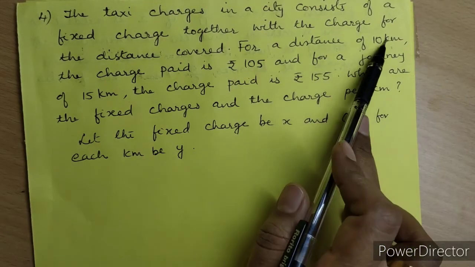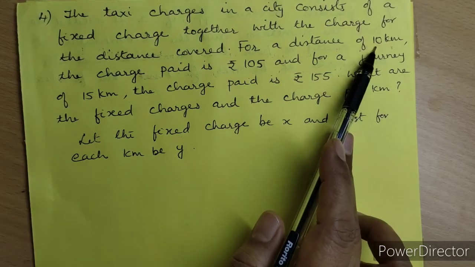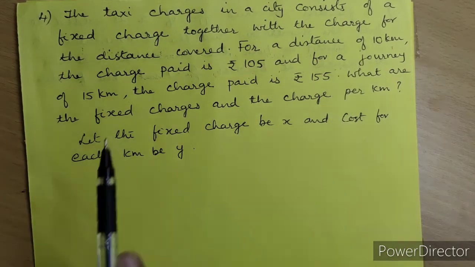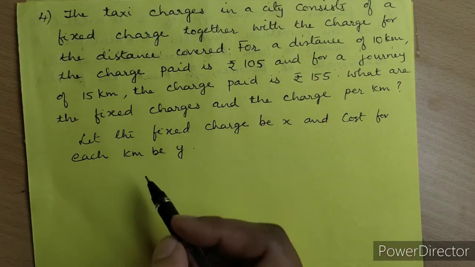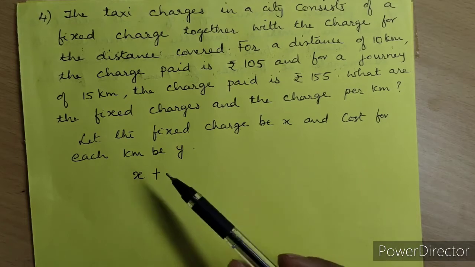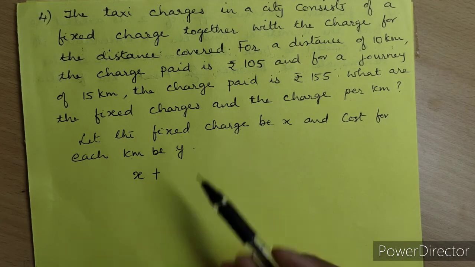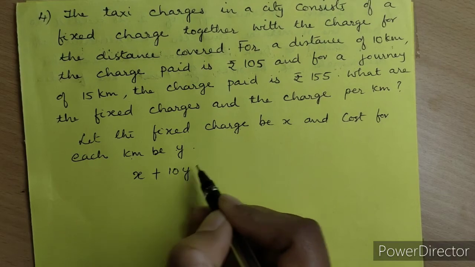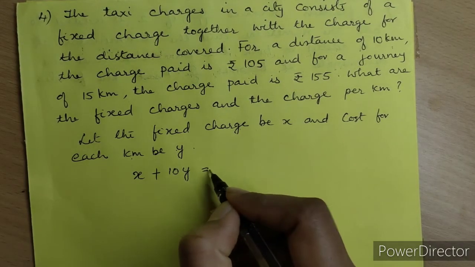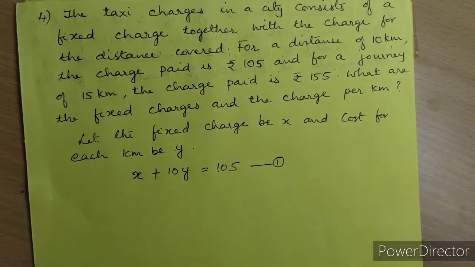For a distance of 10 km, the charge paid is 105. So when the taxi travels 10 km, first fixed charge x plus for 10 km how much is the amount? For 1 km it is y. So for 10 km it will be 10y equals total he has paid 105. So this is the first statement.